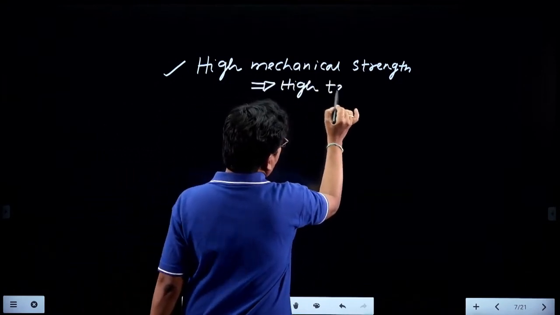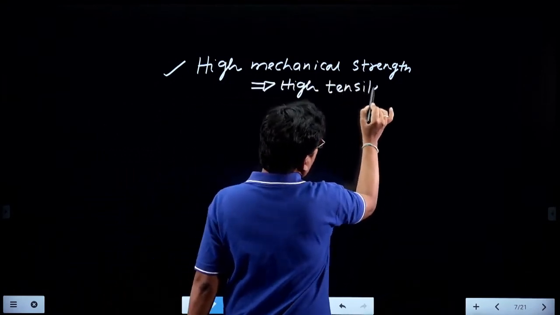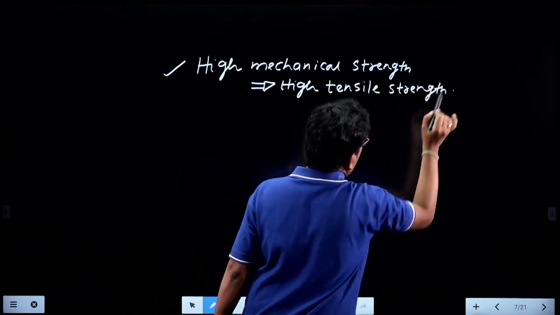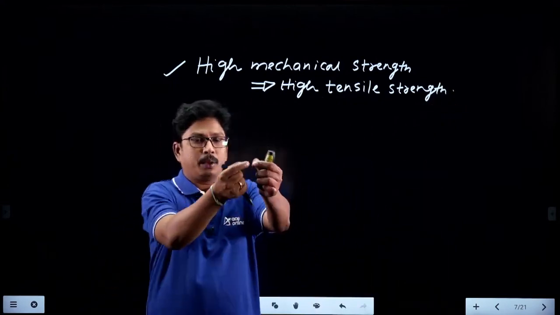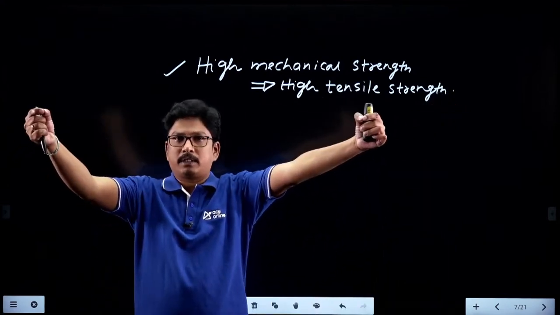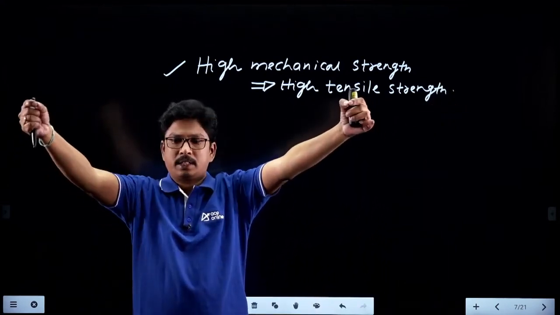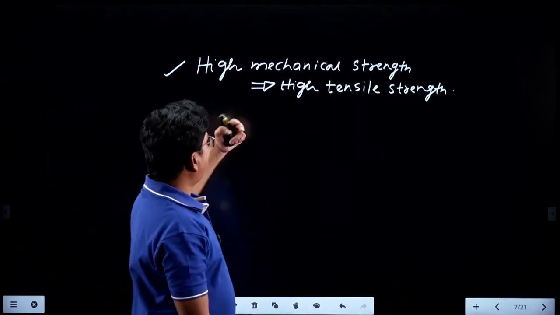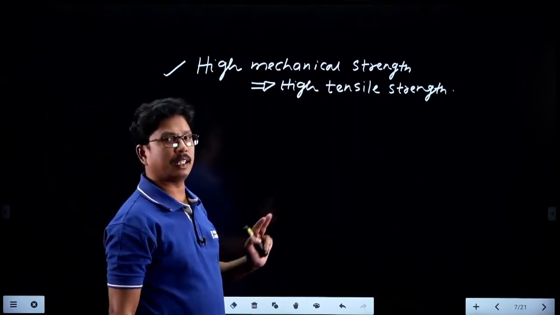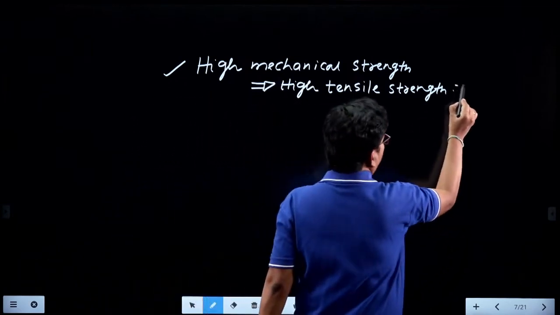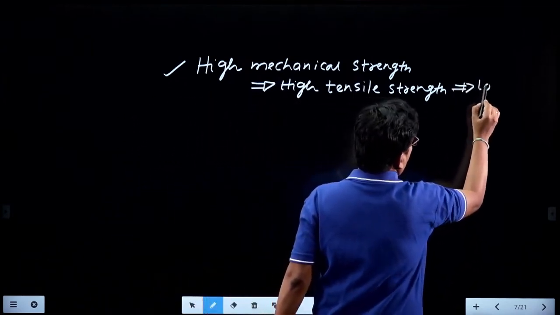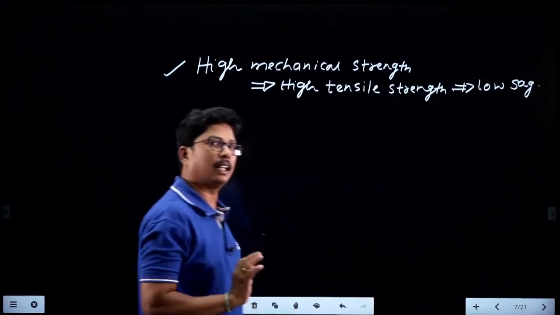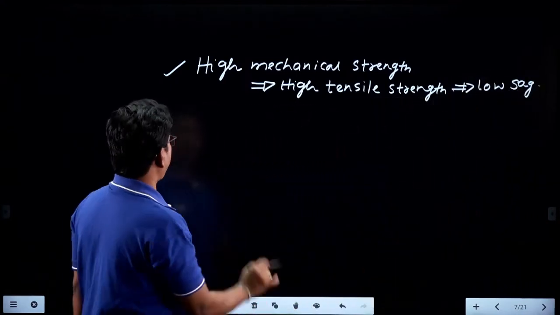Whenever a conductor has high tensile strength, it will be straight between the points. It is lying straight, so it does not have any sag. So high mechanical strength and high tensile strength will lead to low sag on the conductor. That is one more property we can take.